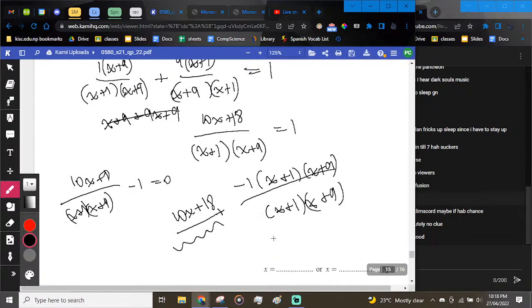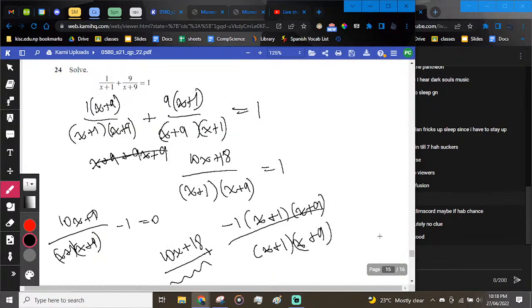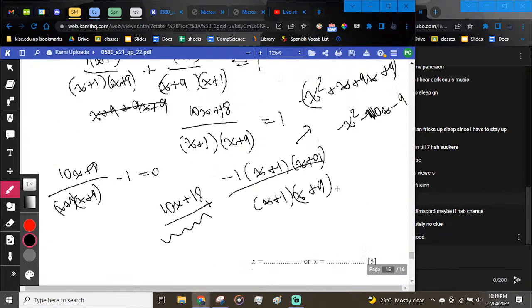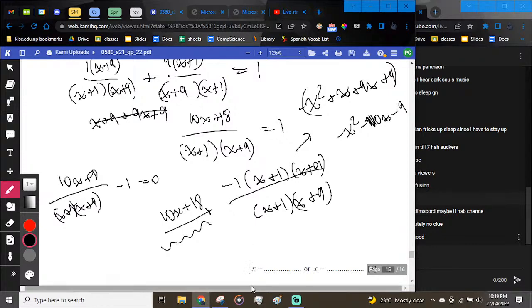Expand brackets to get x squared plus x plus 9x plus 9. But it's all negative. So minus x squared minus 10x. It's a 10. Minus 9.